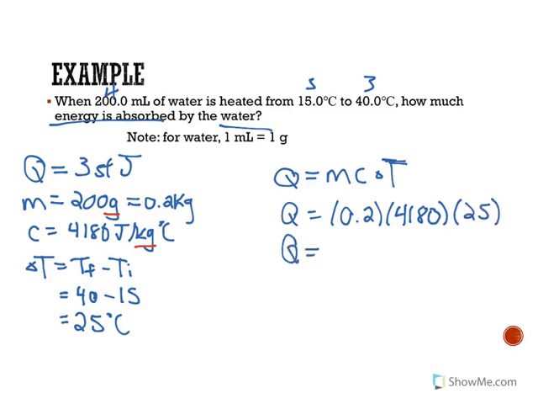And Q, if we plug that into our calculator, we go 0.2 times 4180 times 25. We get 20,900, and our answer's in joules.